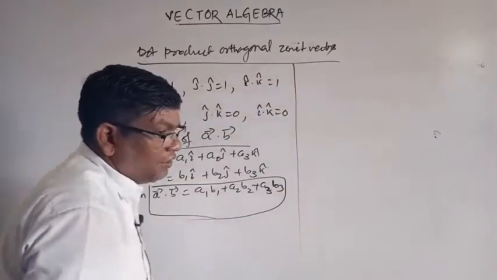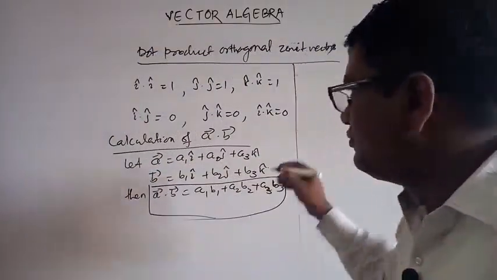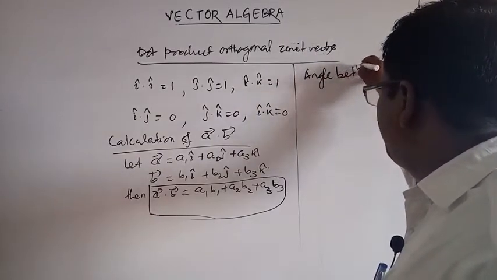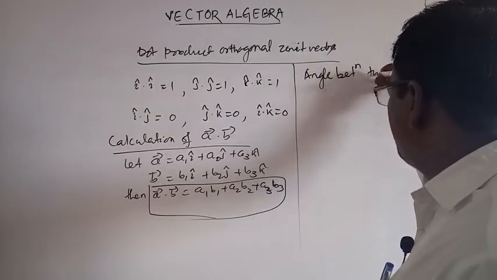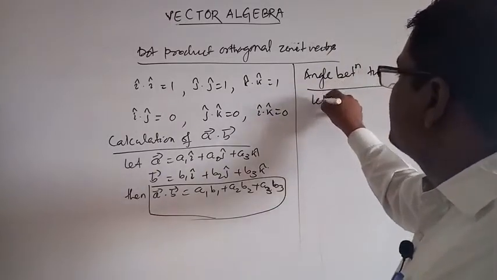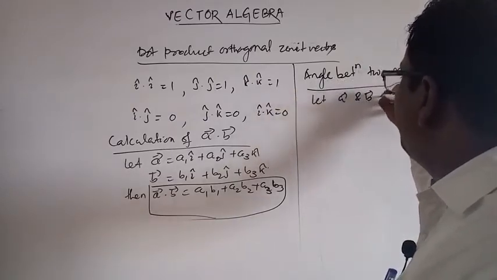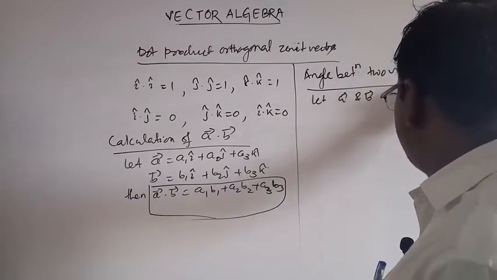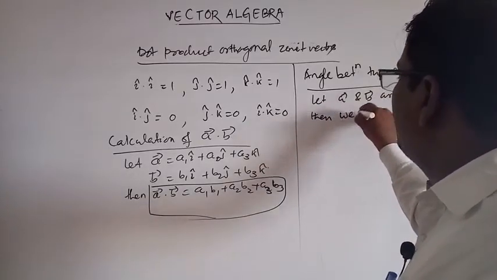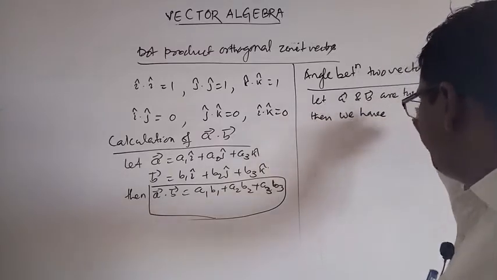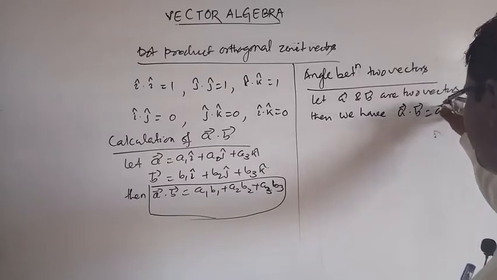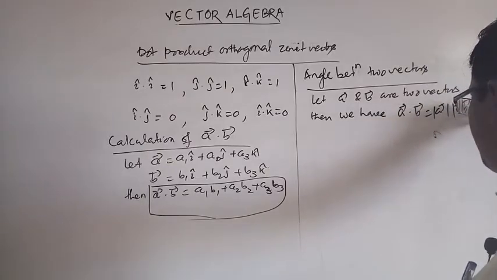Now, angle between two vectors. Let A and B be two vectors, then we know A dot B is equal to magnitude of A into magnitude of B into cos theta.